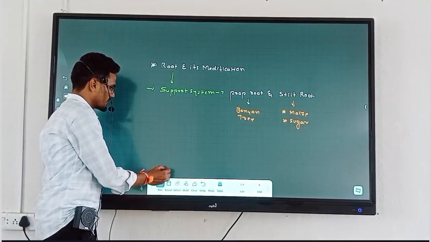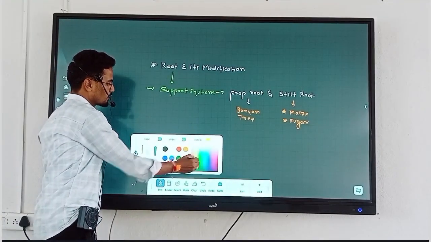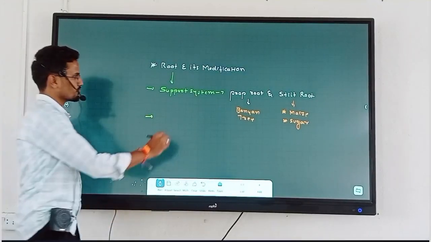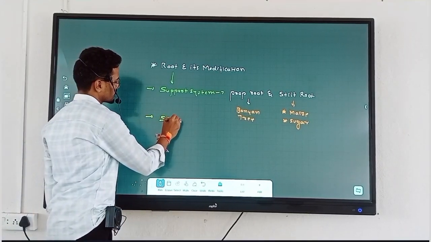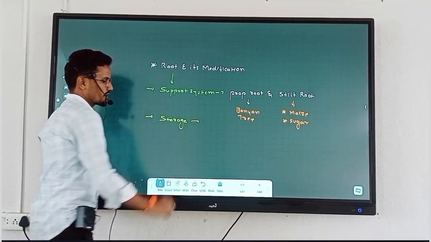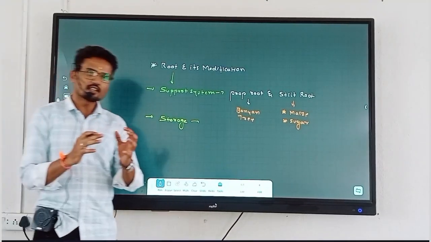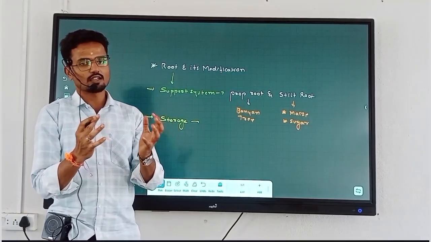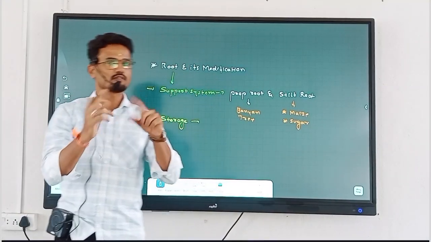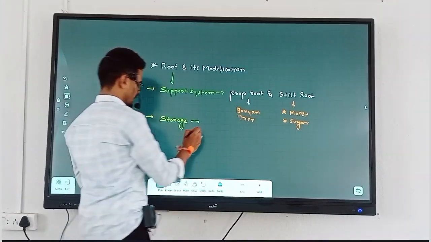Next, we have already studied in root modification, storage. In storage, the root itself converts into bulbous form to store food in the form of starch.